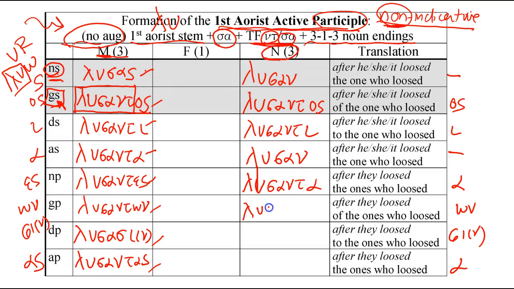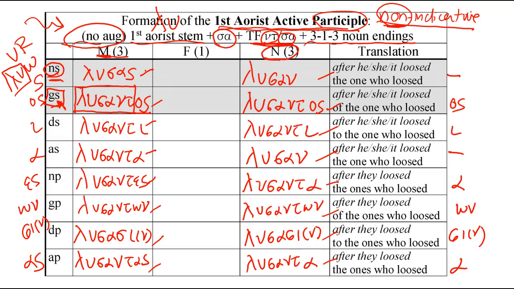Then it's lusanton for the genitive plural. Lusasi or sin for the dative plural, and lusanta for the accusative plural. So let's say these forms. Ready? 1, 2, 3. Lusan, lusantos, lusanti, lusan, lusanta, lusanton, lusasin, lusanta.